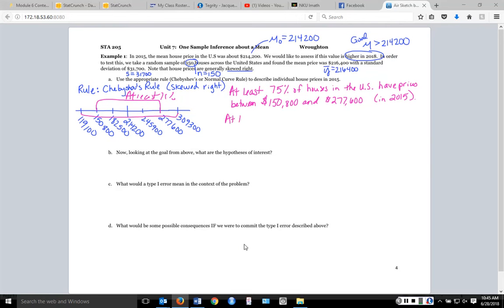Or we could say then that at least 90% of houses in the U.S. have prices between our $119,100 and our $309,300.